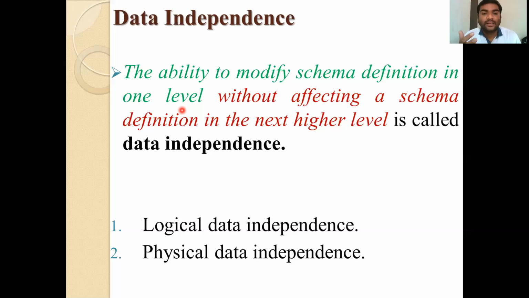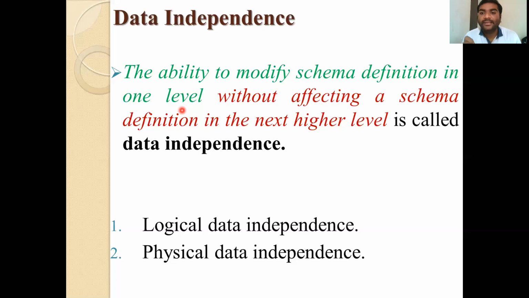It is not the case that a user cannot open that app or that web portal. Database administrators are working in the back end, but there is no effect on the schema definition.